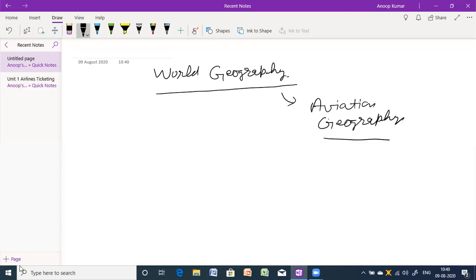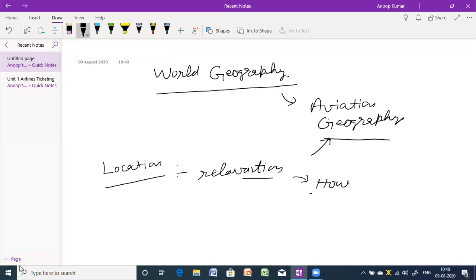There are a lot of things covered under aviation geography, like the very first thing is the location. We will study about location in detail. We will study about the relevance of location and how the location of a particular place is identified.